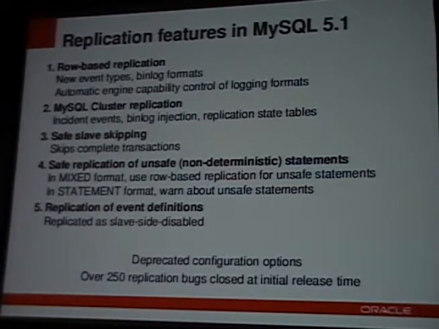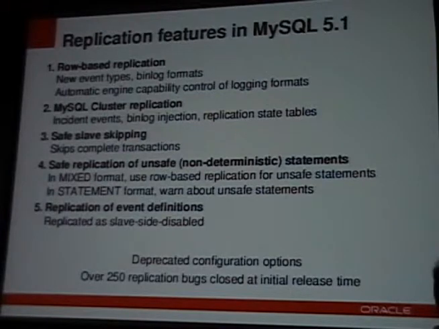We deprecated configuration options. Before 5.1 you could set all the different change master variables in the configuration file, but it caused confusion because if you restart the server, it's actually not reading the configuration file, it's reading the master info file. So it caused a bit of confusion sometimes for people.